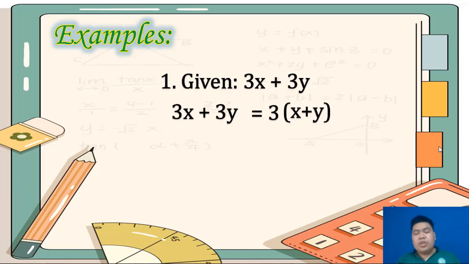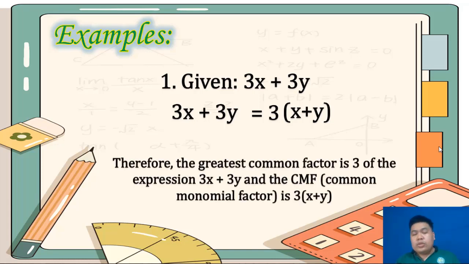Now, the common monomial factor in the polynomial 3x plus 3y is 3 quantity x plus y. So, therefore, the greatest common factor is 3 of the expression 3x plus 3y. And the CMF, or the common monomial factor, is 3 quantity x plus y. Okay, class? Let's try to have another example.